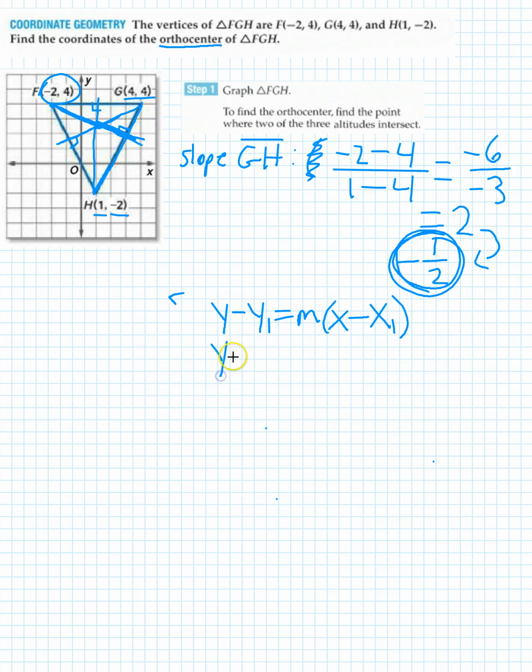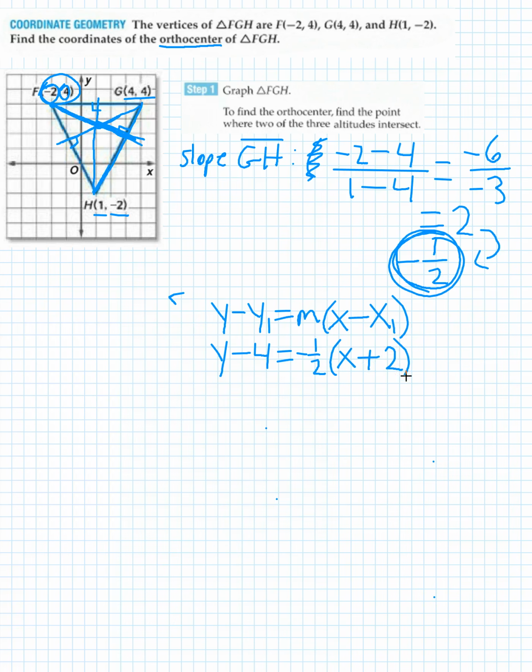So let's write y minus our y1, which is this point, 4, equals m, and my m is -1/2, we just found that, times x minus my x1, and my x value is -2. Minus a negative just becomes a +2.